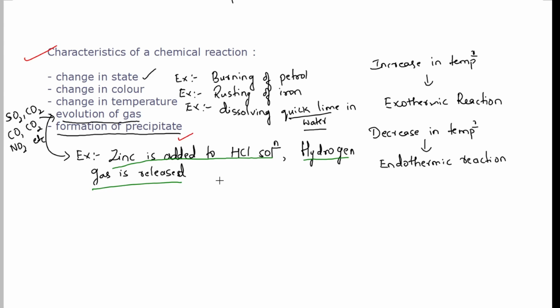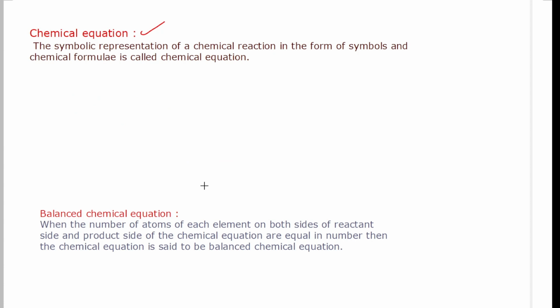But if I represent this reaction in the form of an equation, it will be very easy for us to understand. See here, what do we mean by chemical equation? It is the symbolic representation of a chemical reaction in the form of symbols and chemical formulae. It is called a chemical equation.